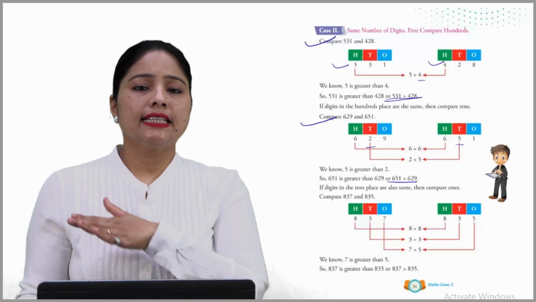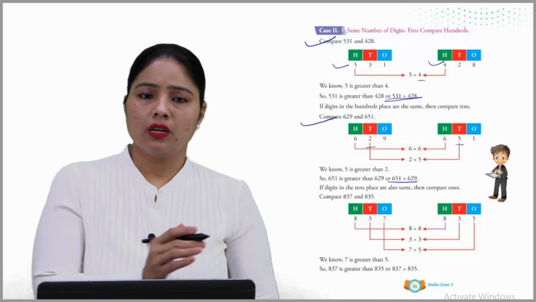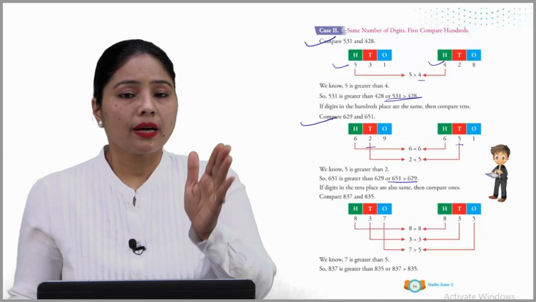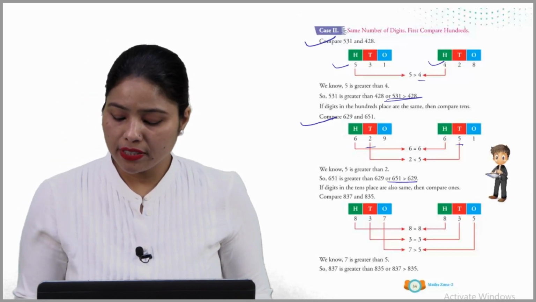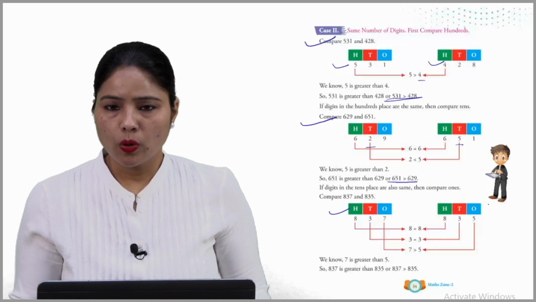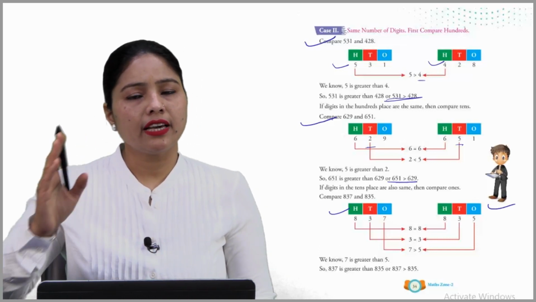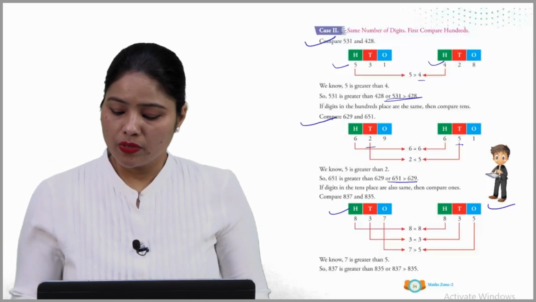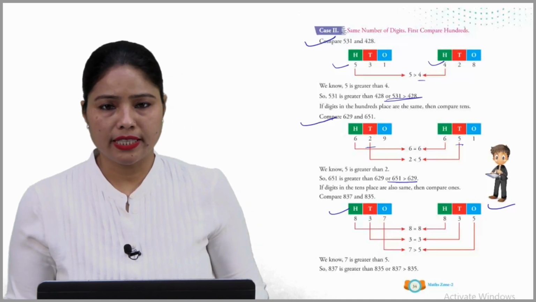If digits in the tens place are also same, then compare ones. अगर यहाँ भी सेम होती है तो हम 1 से कंपेयर करेंगे. Compare 837 and 835. At the hundreds place, 8 is same. At the tens place, 3 and 3 are same.